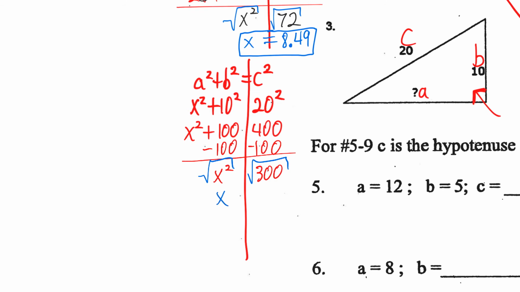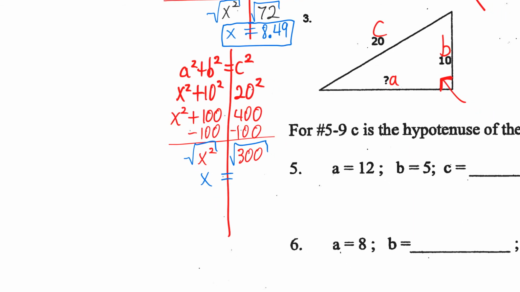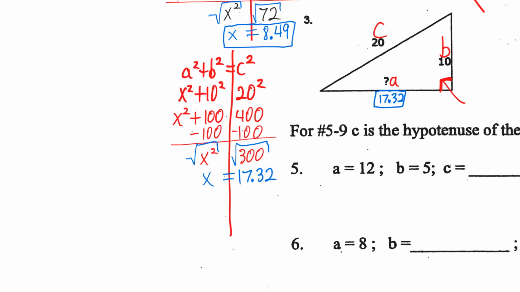Square root both sides, and the square root of 300 is what? 17.32. Does everybody agree with that? Looks reasonable to me. I know 18 squared is 324, and 17 squared is 289. So it's between 17 and 18, closer to 17. That's good.